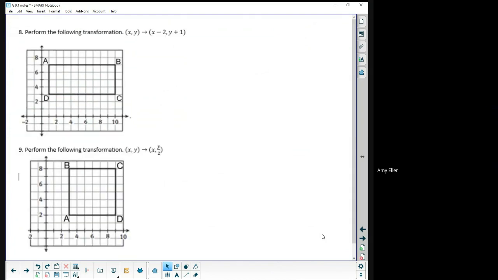We've got 2 more. Number 8. Perform the following transformation. Before you start, I would like you to get an idea in your head of what it's going to look like. Based off of this function, think about what your answer is going to look like. Can somebody describe it to me?